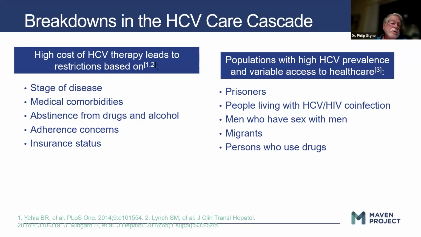And insurance status obviously has some restriction on hepatitis C therapy. There are also populations who clearly are at higher risk, and this list on the right should be of no surprise to anybody. Next slide.